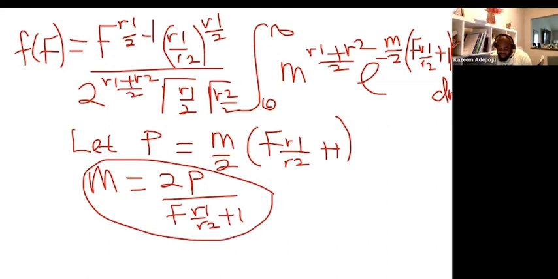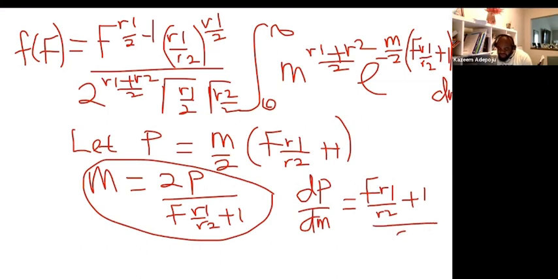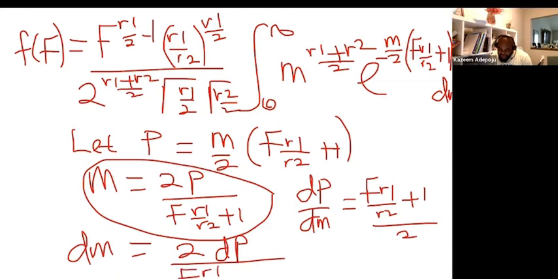So what is going to be the dp, the dm? The dm is going to be 2 dp divided by f of r1 r2 plus 1. I need all this, so I'm going to plug them in.